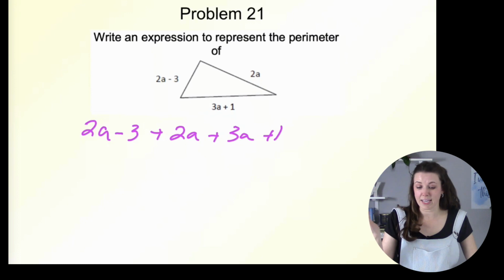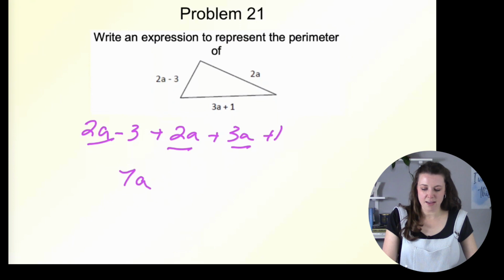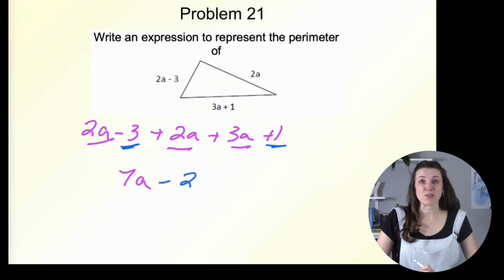And now I'll just combine like terms and then I'll be done. So I have 2a plus 2a plus 3a is equal to 7a. And then I have negative 3 plus 1 is going to be negative 2. So that, my friends, represents the perimeter of this triangle.